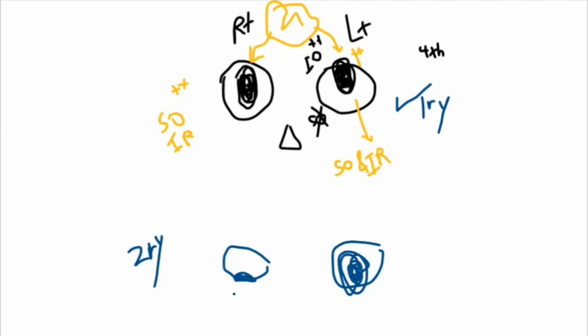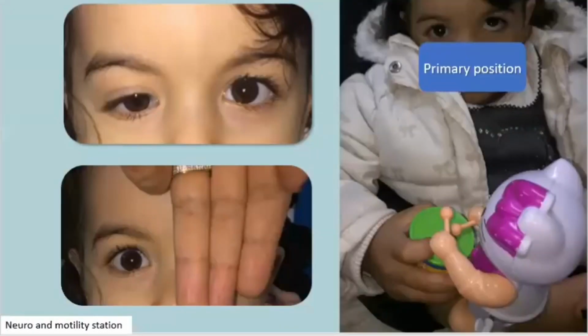So the patient may present with hypertropia, and as a result of hypertropia there might be pseudoptosis, as in the case that I have just shown you. This child has a diagnosis of fourth nerve palsy, but she prefers to fix with the affected side, and that's why the right eye is hypotropic.